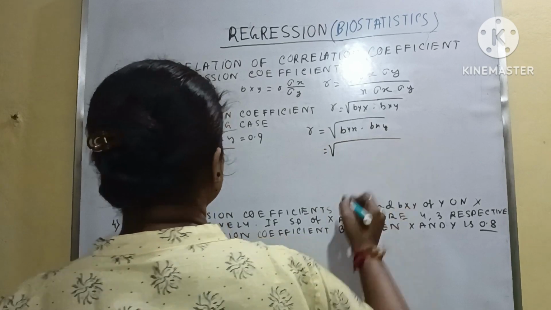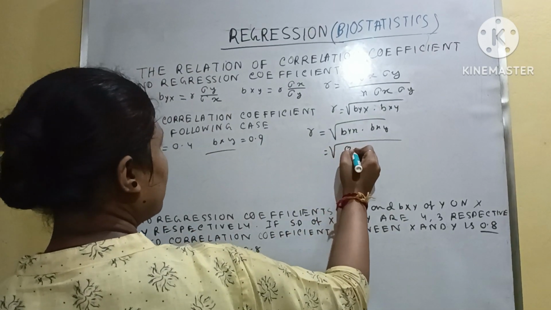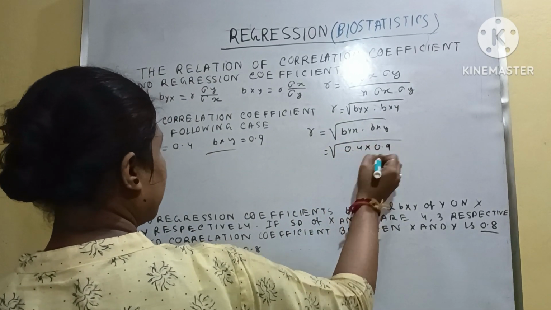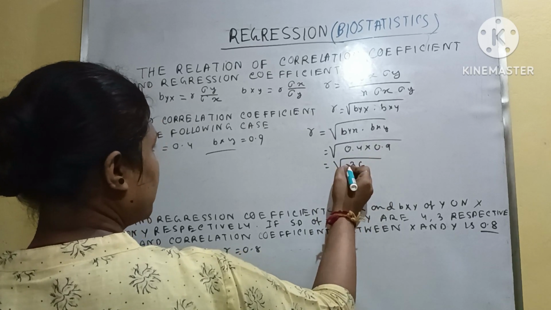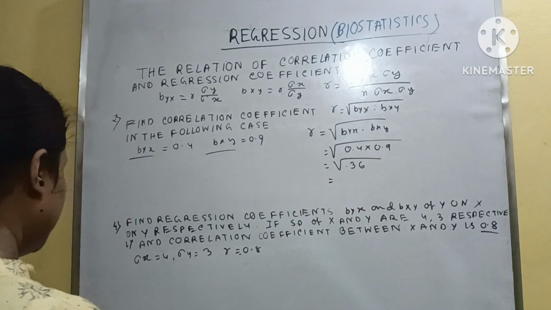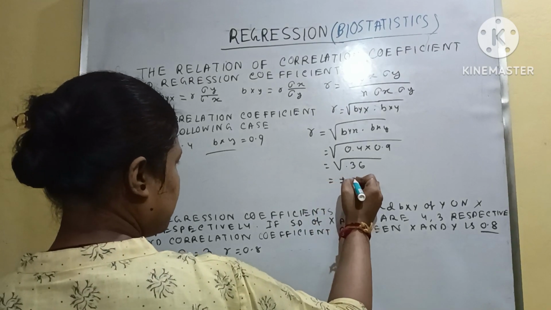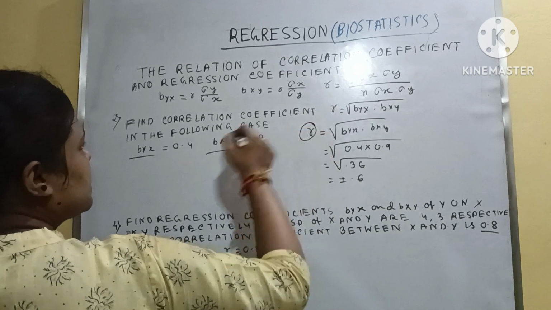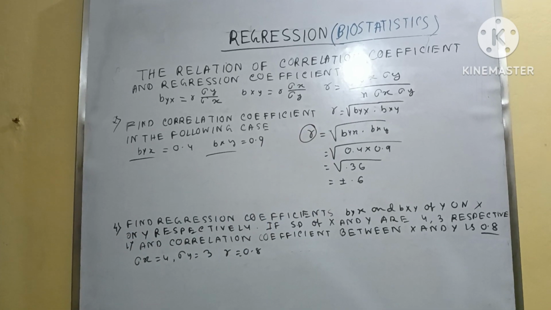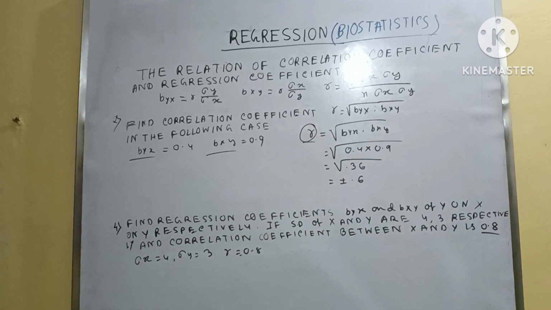So you just put the values 0.4 into 0.9, so 0.36. So the answer is plus minus 0.6. Clear? So this is the process by which the r value is calculated.